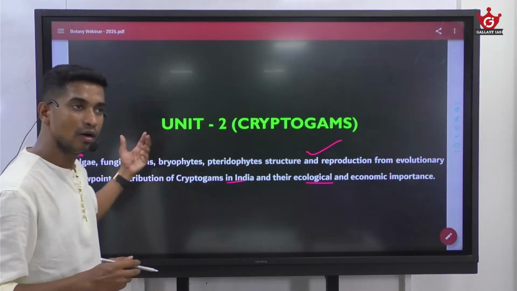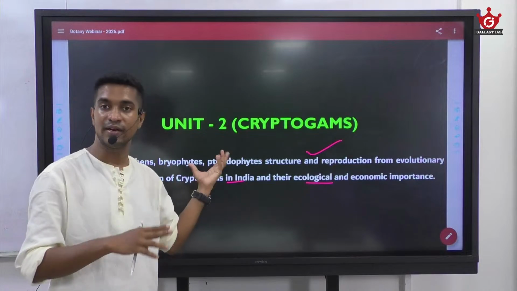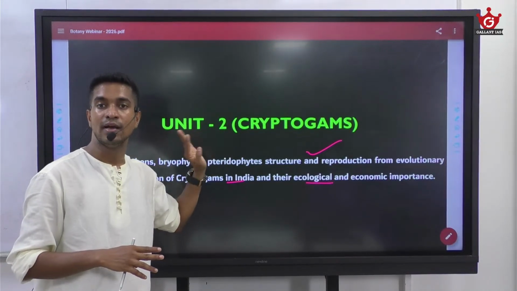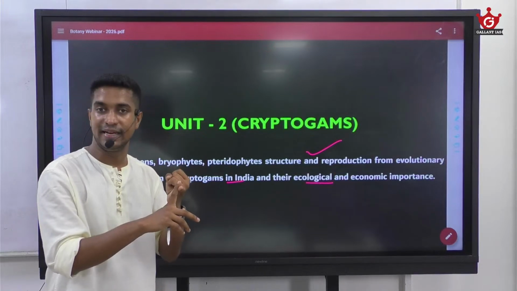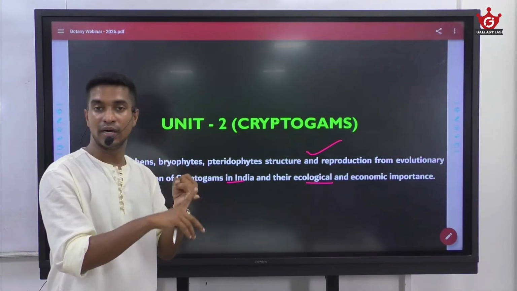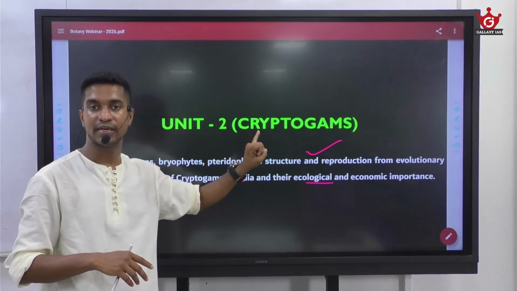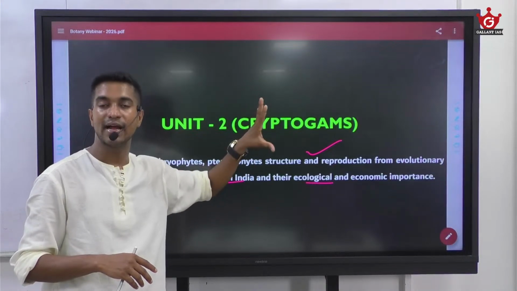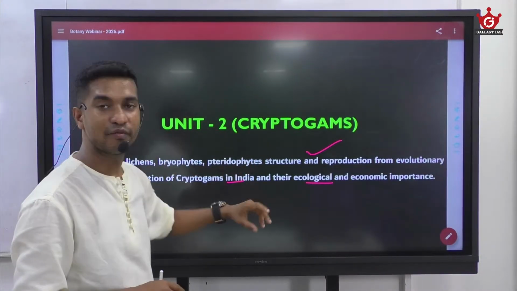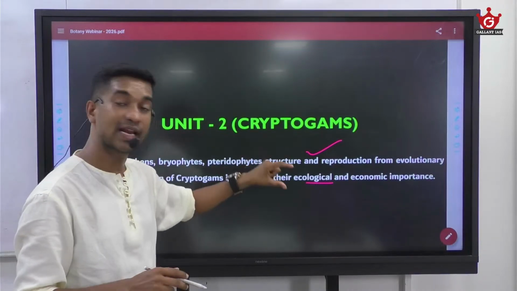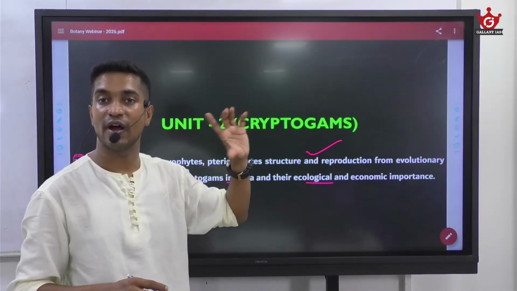While studying cryptogams, you need to study algae in detail. It does not mention any particular algal species, but the entire algal structure, their reproduction, their evolutionary viewpoint, and their ecological and economic importance, all of that has to be studied.